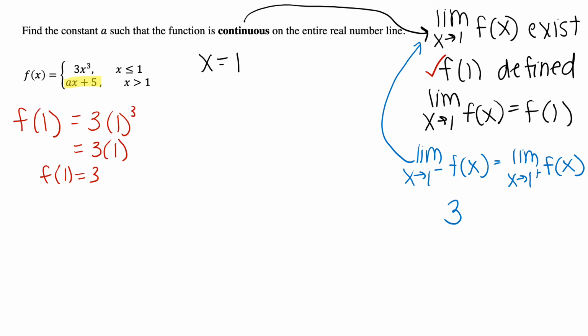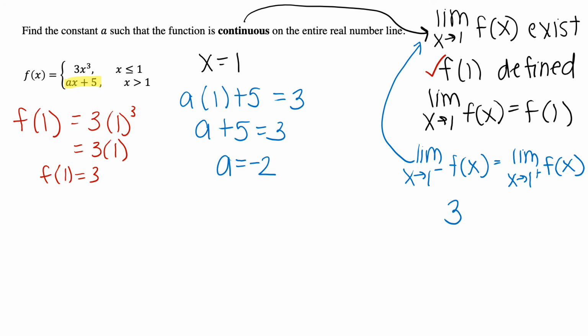So when we direct substitute x equals 1 into that function, a times 1 plus 5, that needs to equal 3. So simplifying, we have a plus 5 equals 3, so we get a equals negative 2.